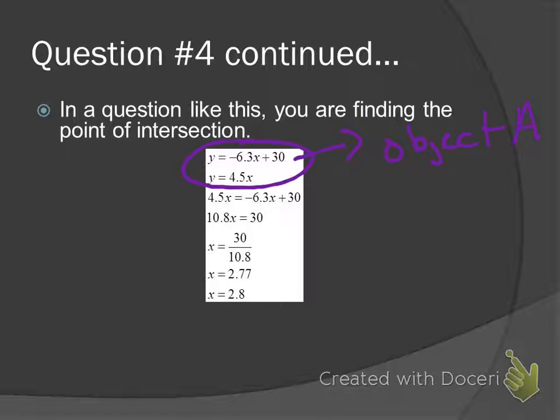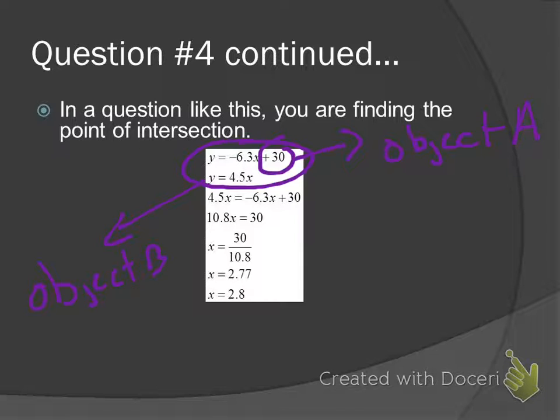It's negative 6.3 because it is moving one specific direction. We've put plus 30 here to indicate where it's going to start on the y-axis. The second equation here is object B. Its intercept is 0, so we don't have that number in place there, and the 4.5 is representing the rate that it's moving at.